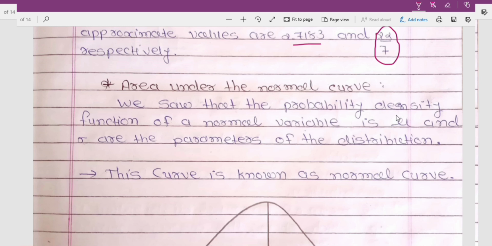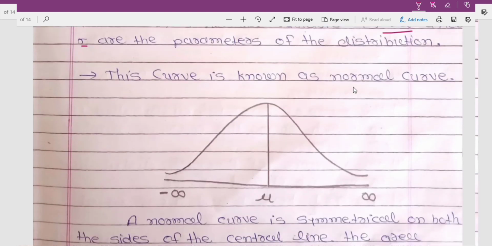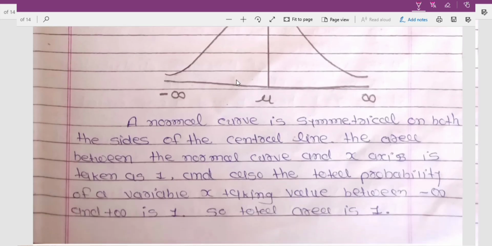Area under the normal curve. We show that the probability density function of the normal variable has mu and sigma as the parameters of the distribution. This curve is known as the normal curve. A normal curve is symmetrical on both sides of the central line.